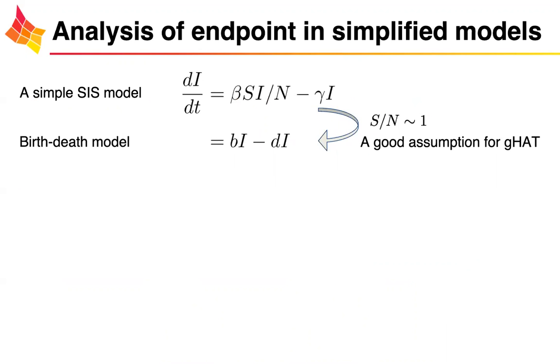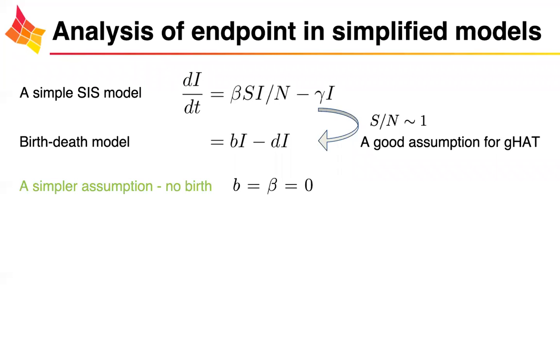We use a simple SIS model, writing the dynamics with this equation. In the limit that the susceptible population is not that different from the total population, which is the case for HAT, we can simplify this SIS model with a birth-death model. Here, birth corresponds to infection, and death is like diagnosis and treatment.